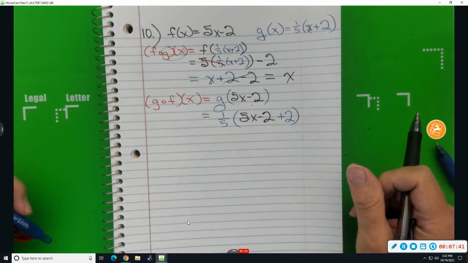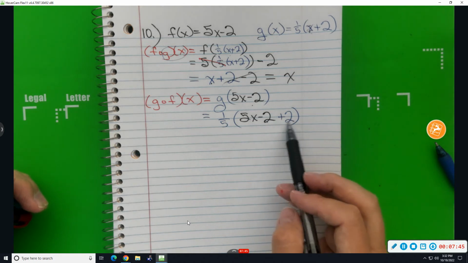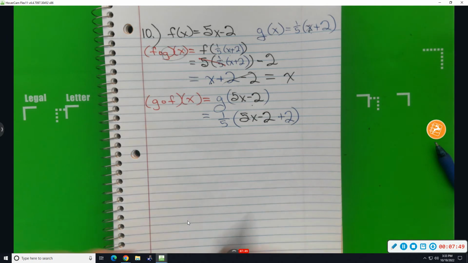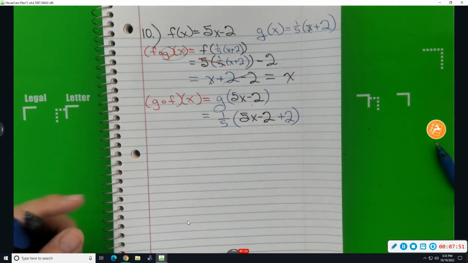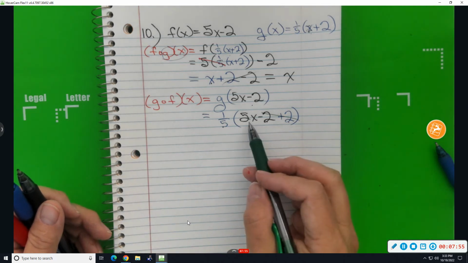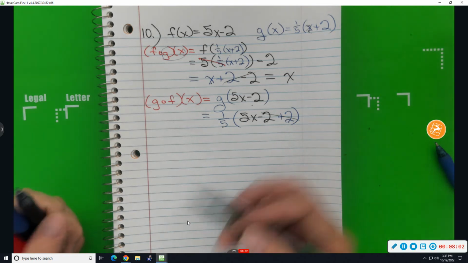And I think this is going to work out very nicely. First of all, what's about to happen to the constant terms? Negative 2 plus 2. Yeah, so they're gone. We have a 1/5 times 5x. What's about to happen to the 5's?